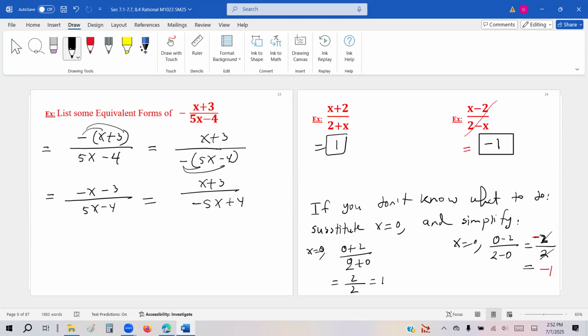That's why when you have the exact same two things, just their position reversed, yes, you can cancel them. The answer is negative 1 if the signs are different. If they're the exact same sign, then it's 1. Different sign, it's negative 1. And if you forget, just replace x with 0 and then cancel.